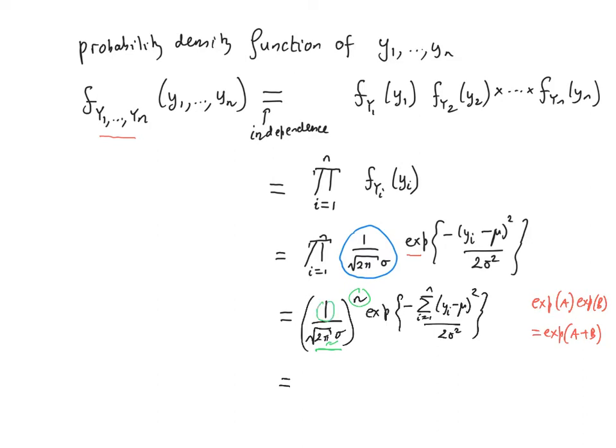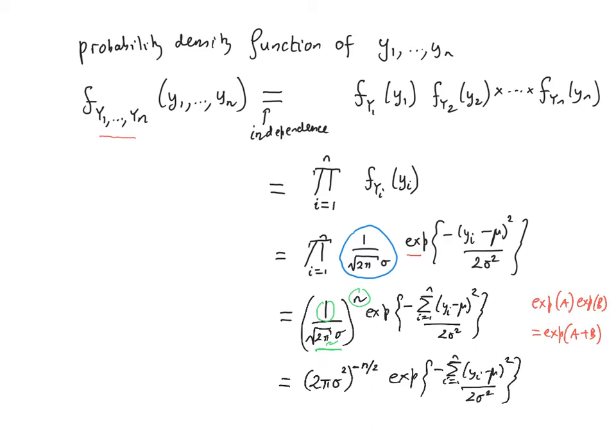So in fact, that first term I'm going to write as 2 pi sigma squared. So I've brought inside the sigma squared. But now I've got the square root, so that's going to be a half. So I'm going to get minus n over 2. And then I've got exp of this sum of the y_i minus mu, squared, over 2 sigma squared.